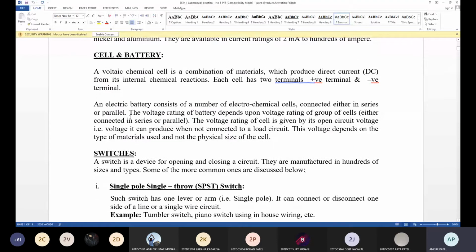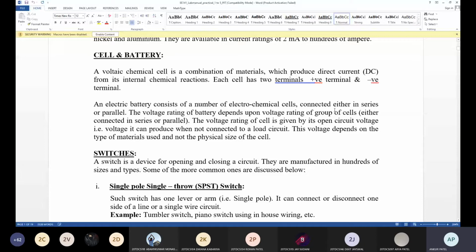An electrical battery consists of a number of electrochemical cells. By having these chemical cells inside, we can have this battery voltage level. If we have a number of chemical cells, then we can store this DC current in the battery or charge up to that.